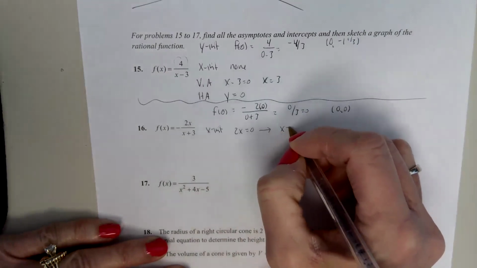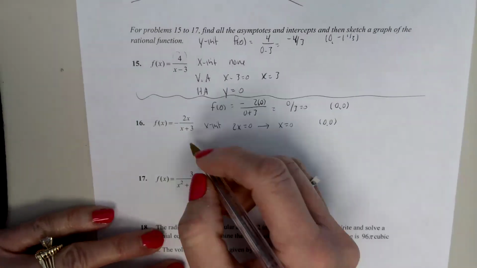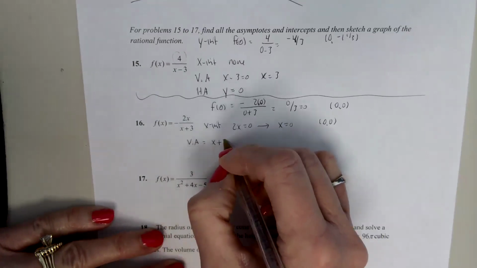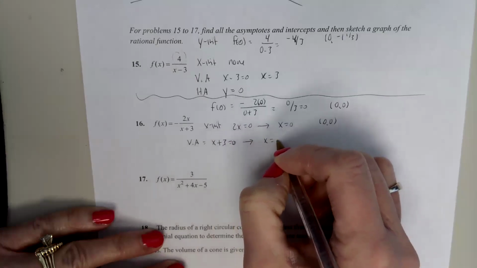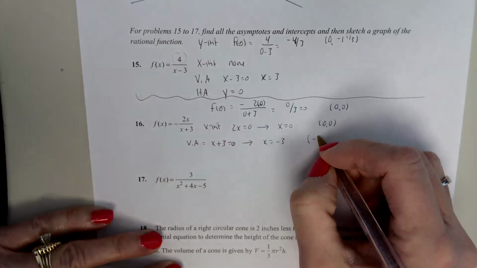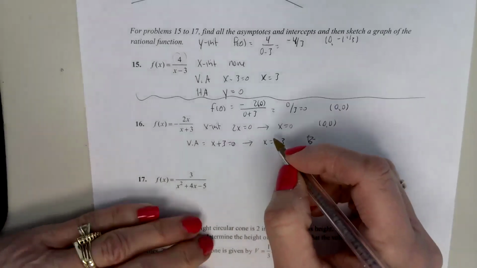So that's just when x equals 0. So the same point. My vertical asymptote is when my denominator equals 0. So that is x equals a negative 3. So x equals a negative 3 is my vertical asymptote.